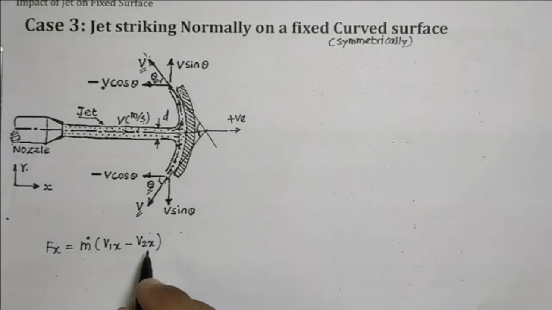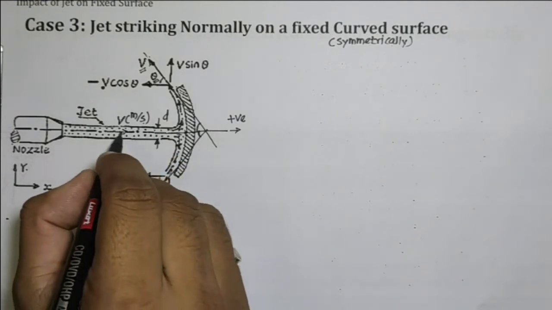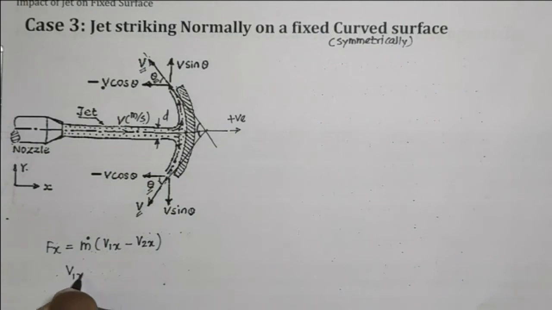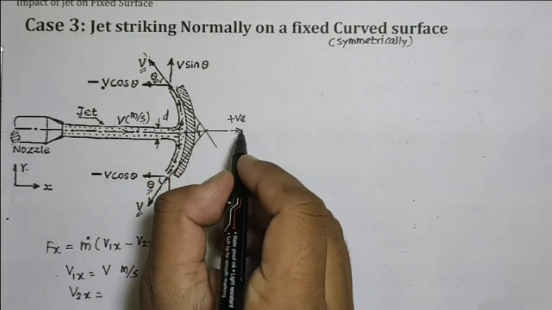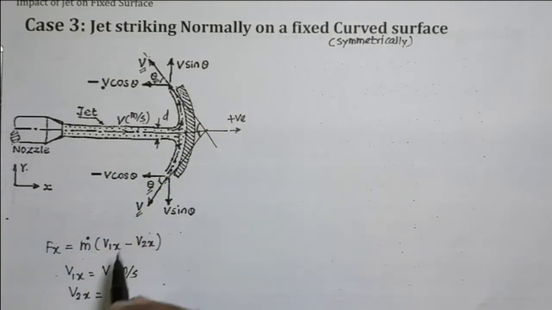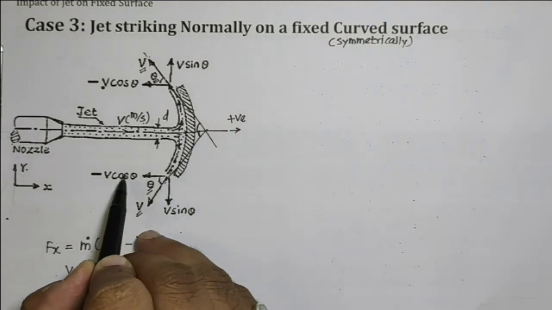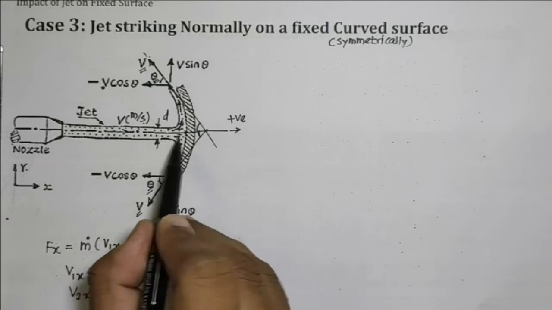So we have a situation like this. Before striking the plate, the velocity v1x is equal to v meter per second. What should be the velocity v2x? In this direction, obviously. But what is the condition? v2x is the velocity of the jet after striking the plate, along the x direction.